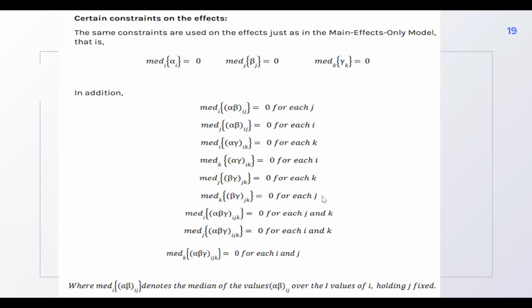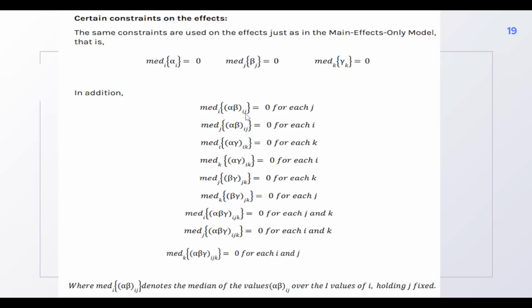Kailangan muna nating i-explain. So where median I of the interaction effect of A and B sub ij denotes the median of the values of the interaction A and B sub ij over the I values of I holding J fixed. So parang ang sinasabi po dito, lahat ng median ng I is equal to 0.